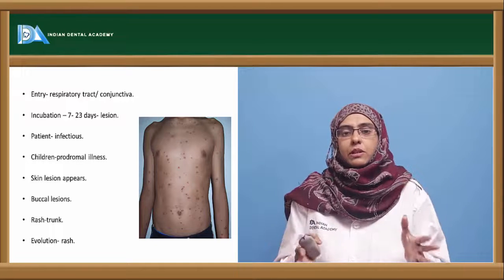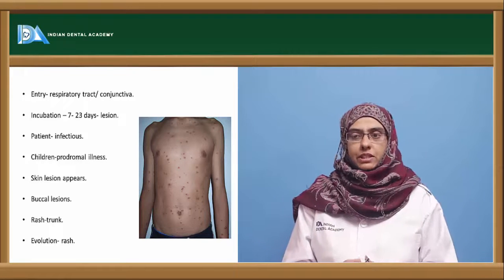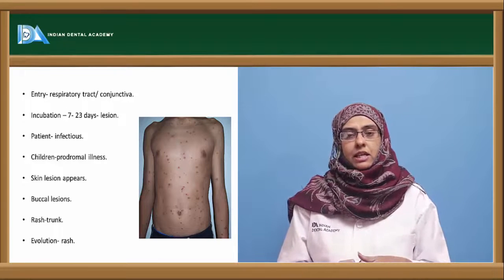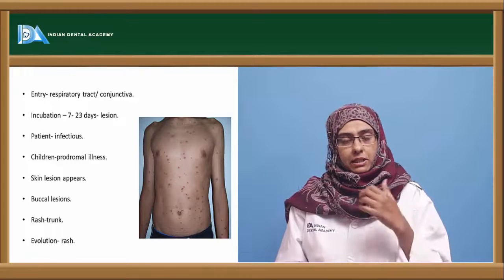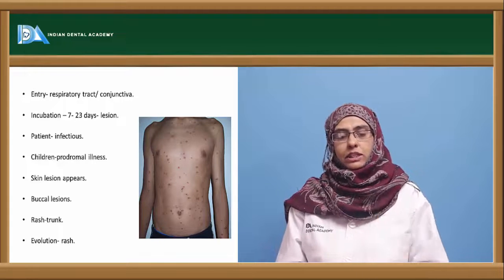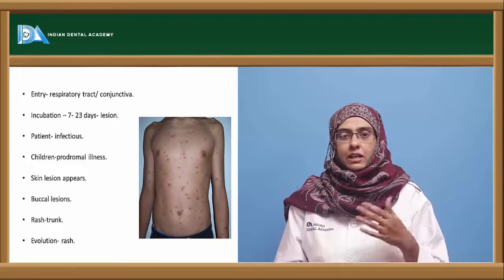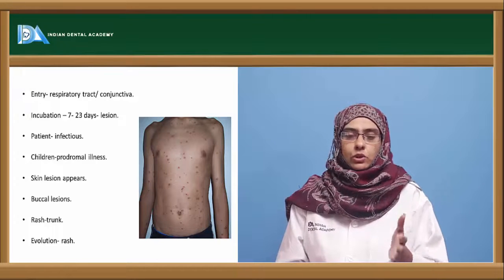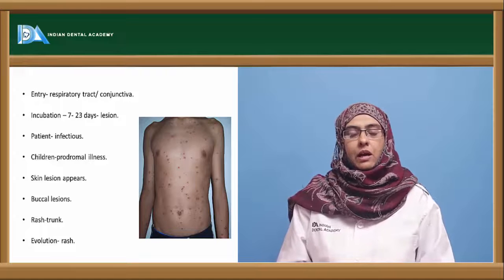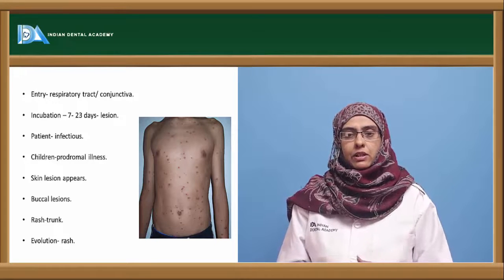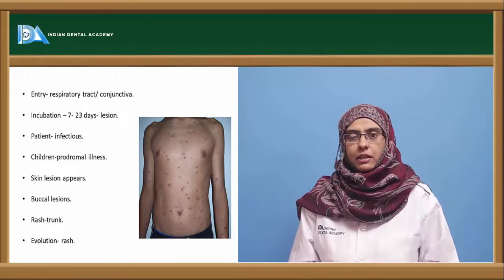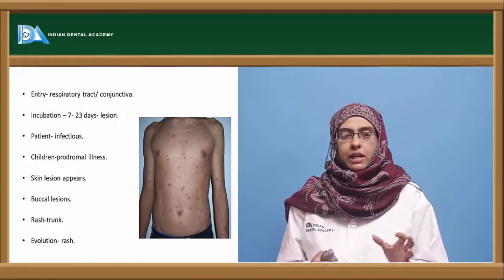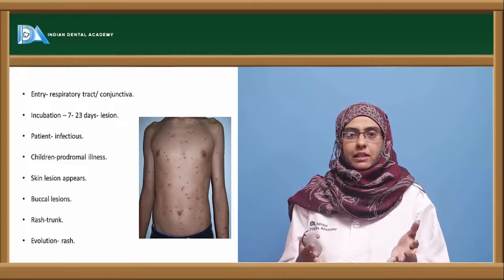In children, it is usually recognized as a prodromal illness, but the disease is seen only after the appearance of the rash, the skin lesion, that mostly appears on the trunk first. Buccal lesions are not seen at this time, and the rash first appears on the trunk, leaving behind the extremities, the hands and the legs.